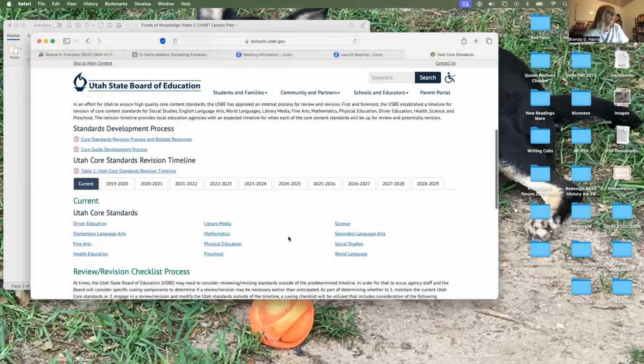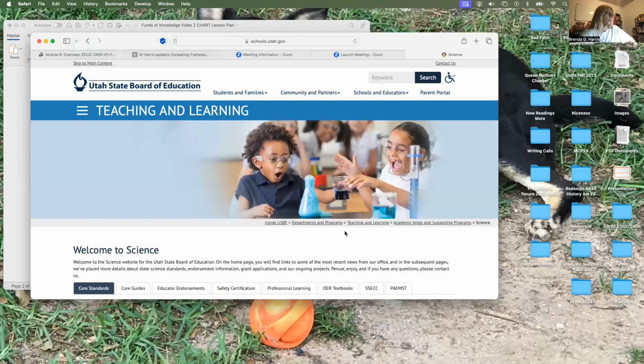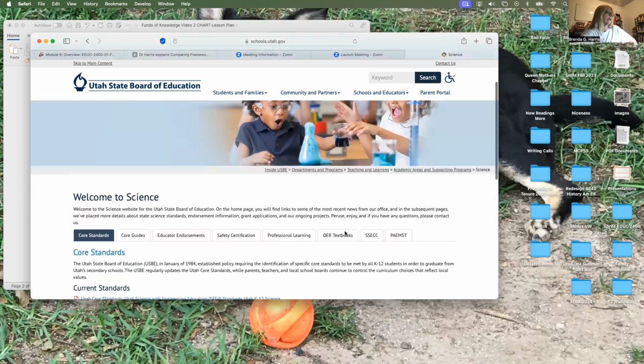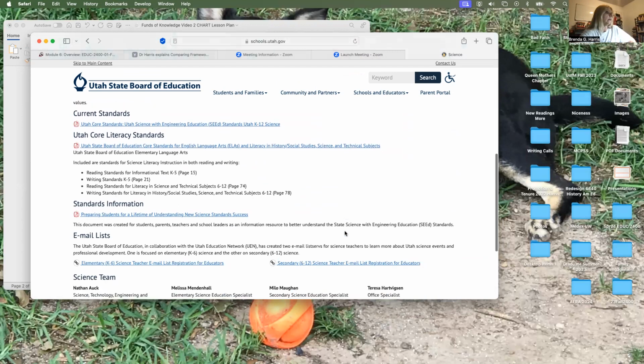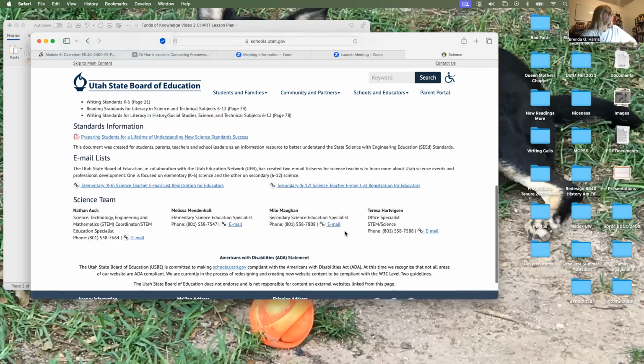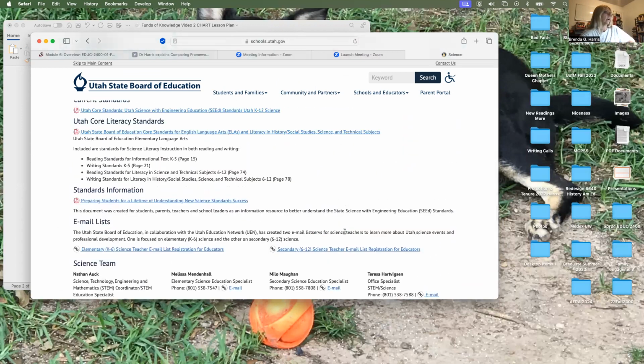You have to decide what area you're going to use, maybe science. Okay, so I need to take a Utah science core curriculum, and I need to find one that is going to fit my grade area. So you have to look through here and find one.